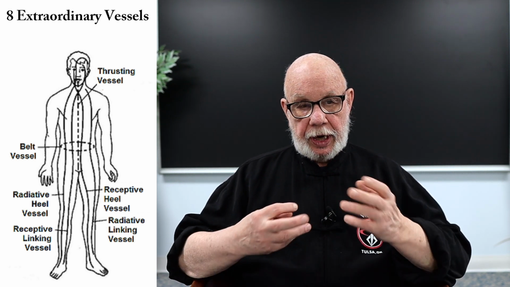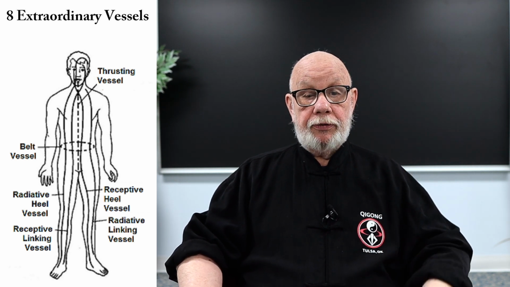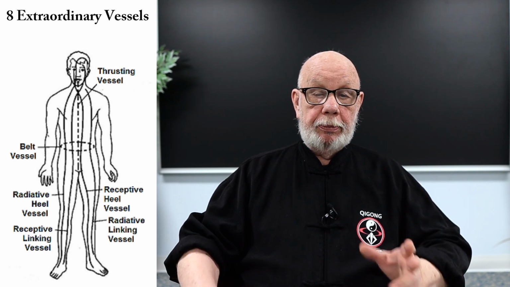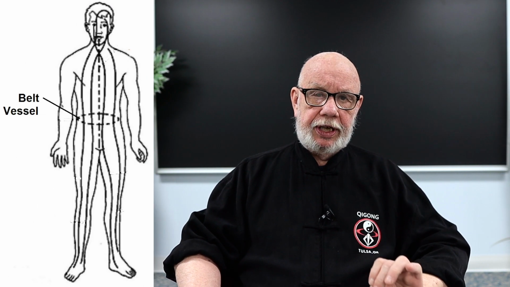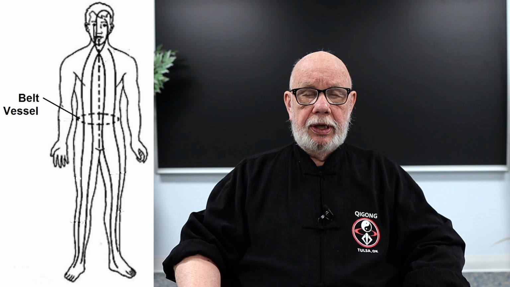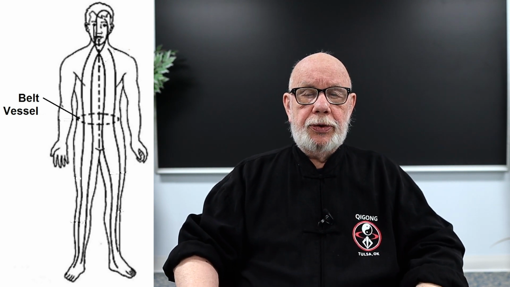They're the ones that regulate, in this case, the upward and downward flow of the bioelectricity within the body and that type of thing. But we have one really curious vessel, and it's generally referred to as the belt vessel. And it's the only one in our body that goes around in a horizontal direction. All the other 7 vessels go up and down through our legs and up through our torso.